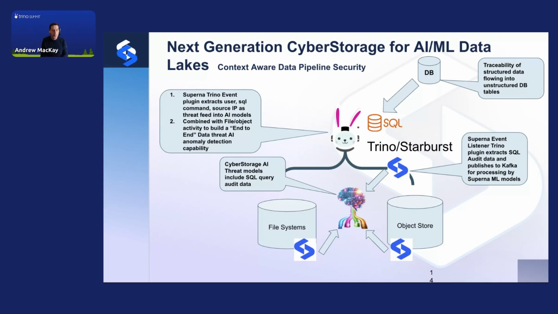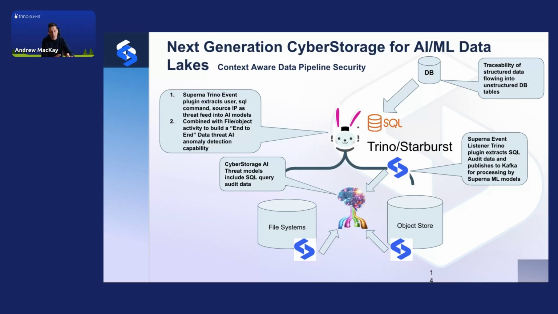So the way this would work, we would have queries going into SQL, and then we're taking the event data, the file system data, and the object store data, combining all of it. The end goal is to do anomaly threat detection of malicious activity happening in the SQL layer. But more importantly, we need to correlate what we see happening to a table.